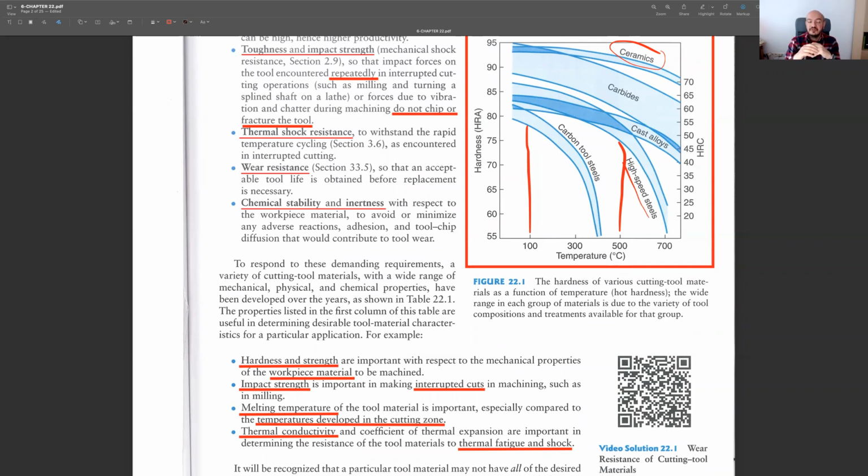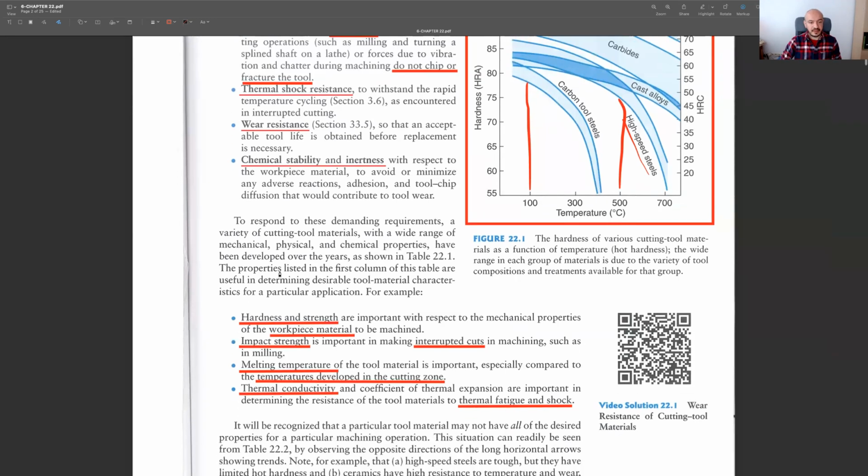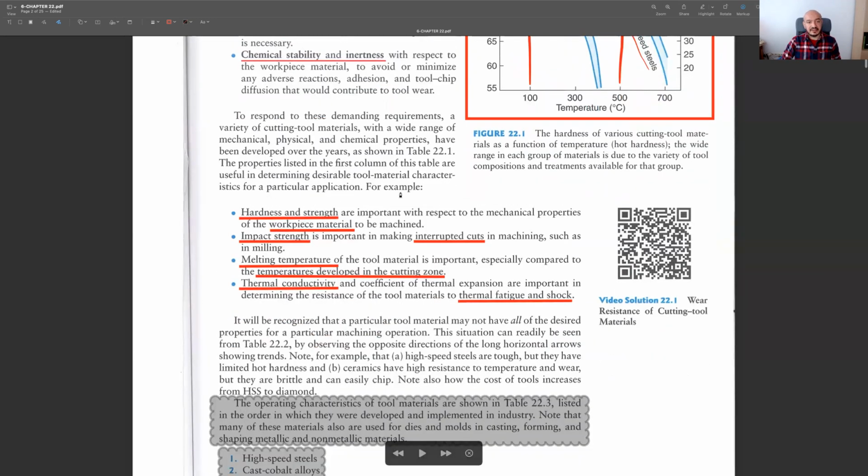We discussed that case while we were discussing built-up edges. So if you have a chemically inert cutting tool material and workpiece material, then probably you have no built-up edges generated, and this will obviously increase the life of your cutting tool material. So this is a kind of summary.